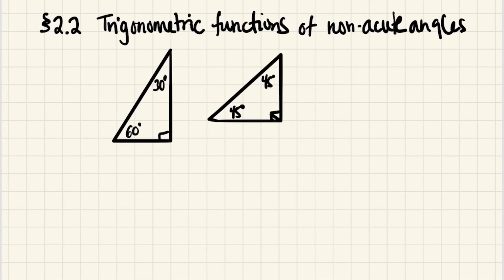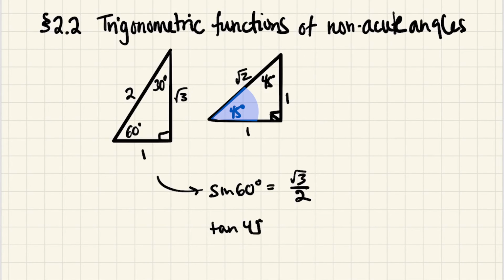And we determined that the side lengths of these triangles kept the following proportions, which means we could look at sine of, say, 60 degrees, which is opposite over hypotenuse, and we could determine that sine of 60 degrees is root 3 over 2. Or tangent of 45 degrees, which is opposite over adjacent, would be 1 over 1, which is 1, etc.